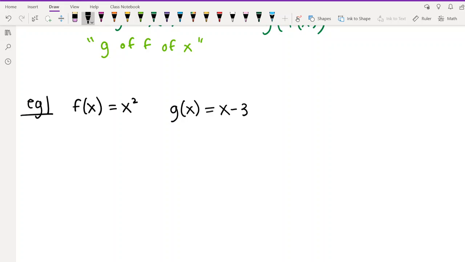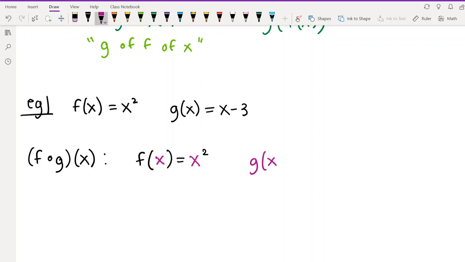Let me first write it down like this. I'm going to do a little bit of color coding just so that we can visualize what's happening here. I'm going to take the outer function and color code it so that the input has a certain color, kind of like I did in our intro video talking about functions. And then I'm going to label g of x with that same color.